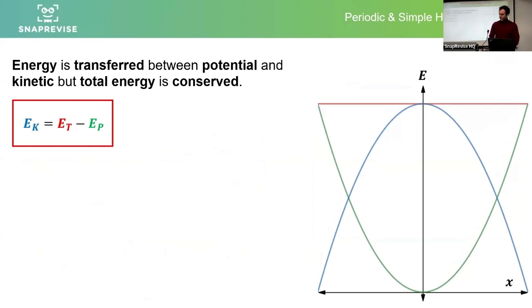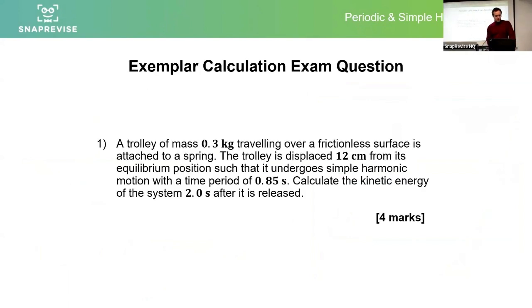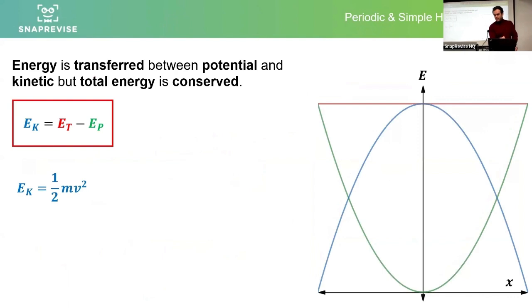And I've jumped ahead of myself. I should have looked at the next page of the notes. But just as I said on the previous slide, the total energy takes its maximum value here. I said this was minus A, and this was A. What value does the potential energy have here?